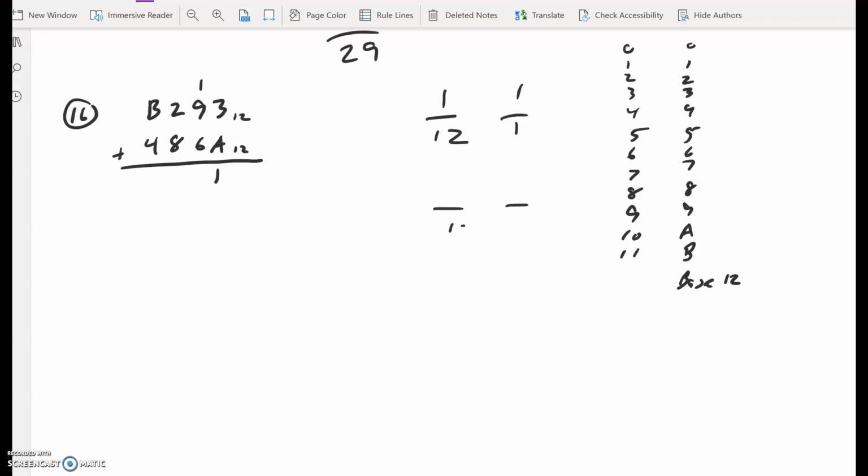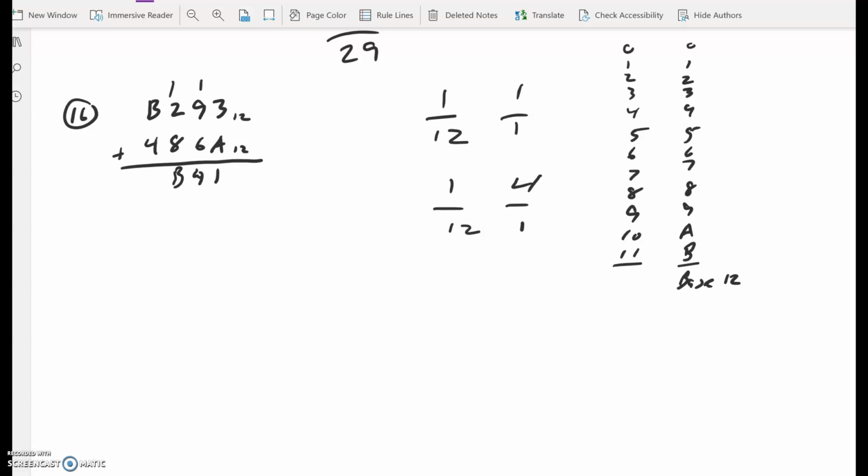So how do we get a 16 in base 12? Well, it's one of these 12s and 4 of these 1s. That'll be 16. So we put down a 4, and we carry a 1, and that's 1 plus 2 plus 8, that's 11. But 11 is just a B. And then we have B plus 4, that's a 15 again.